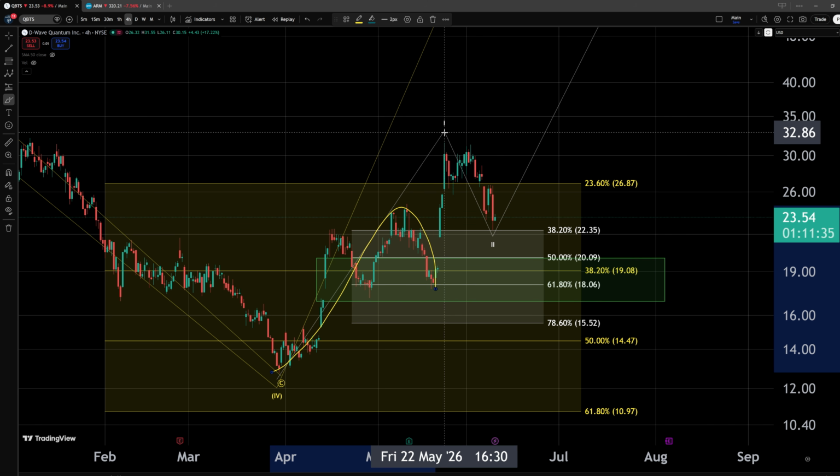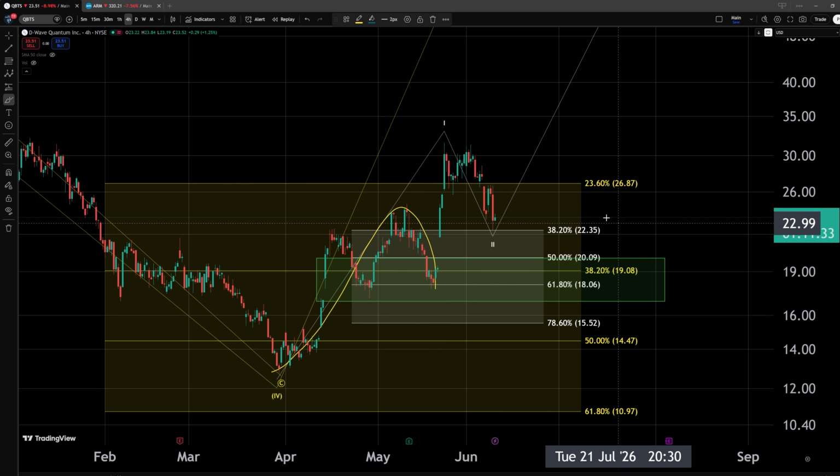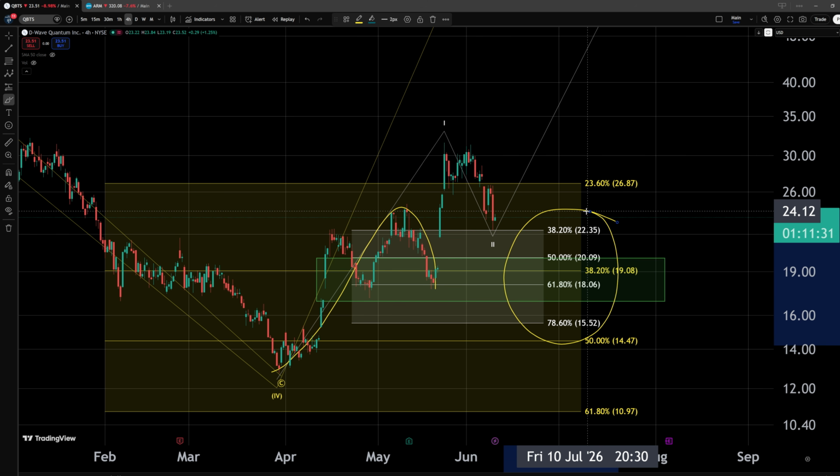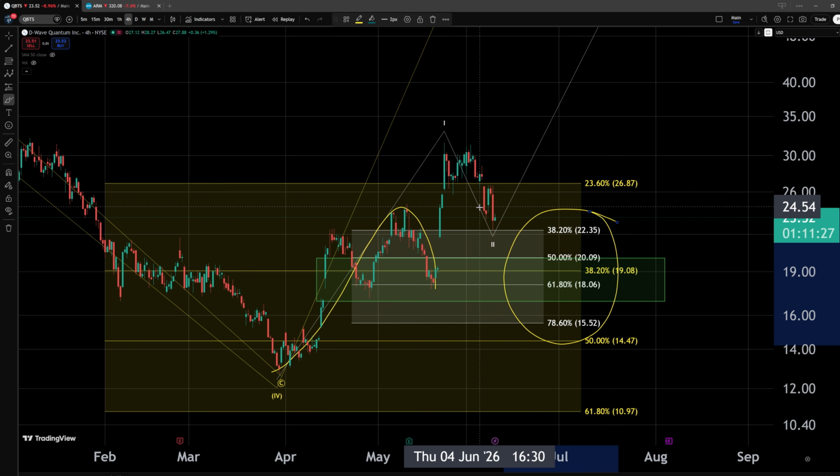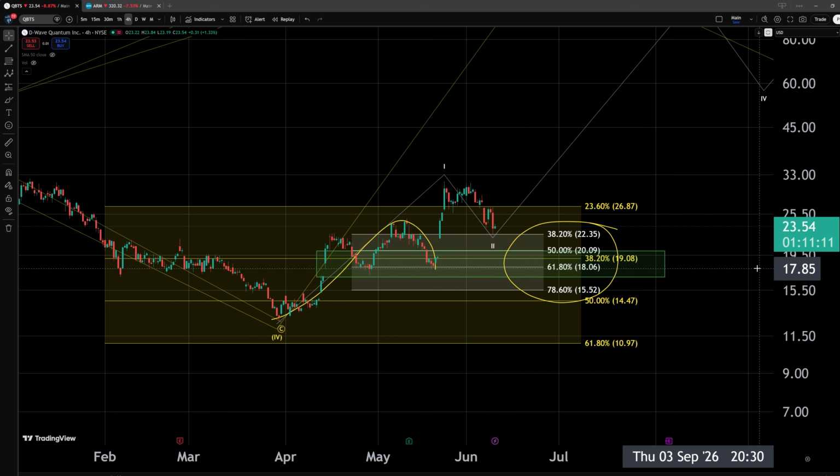Nonetheless, we have reached the large wave 2 area of support, so I do not really need to consider the other scenario too much, right? The levels of support have been reached, the minimum expectations have been fulfilled, and I can look for the next wave to the upside to be a realistic outcome, possibly within a wave 3.